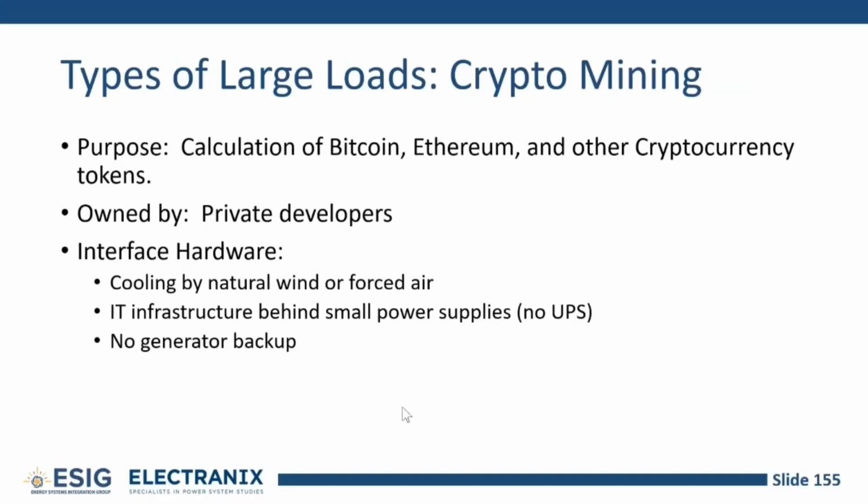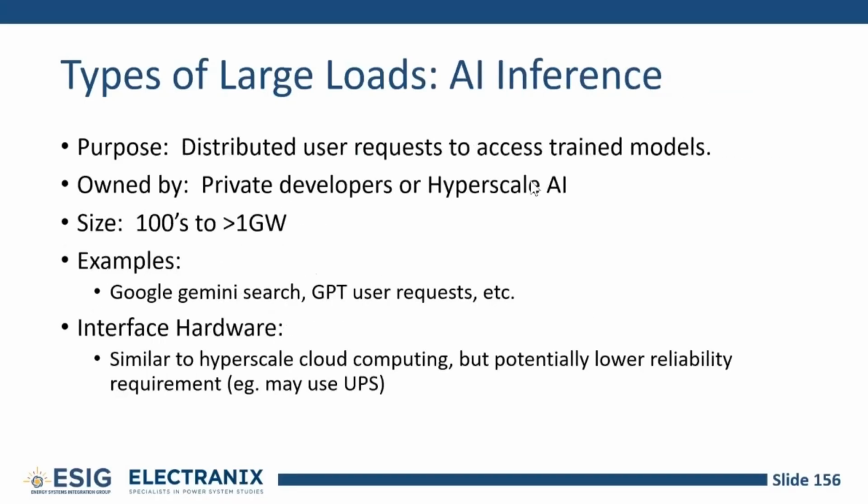And so that's crypto mining. And then we have AI inference models. So these ones are data centers that are essentially addressing distributed user requests for AI.